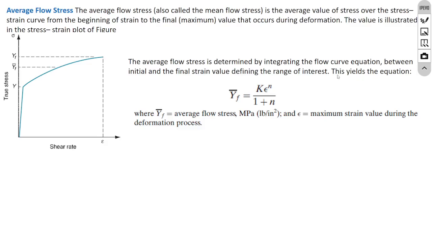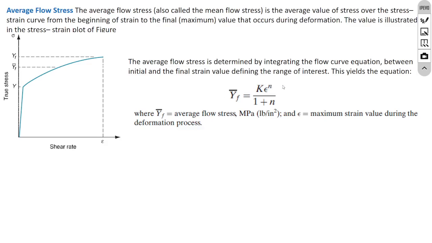The stress value in the plastic region is called flow stress. The initial value is the yield limit, the final value is the fracture limit. It is broken after this limit is exceeded. So the average flow stress is such a stress value.